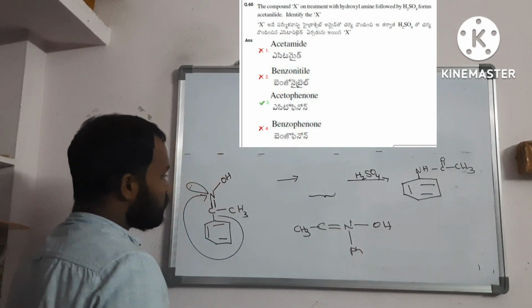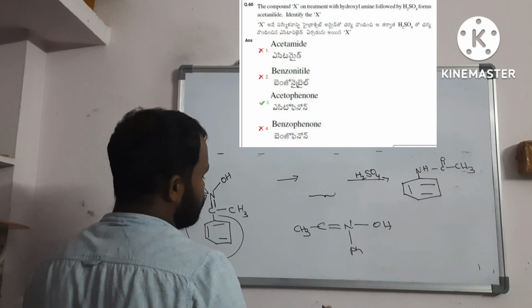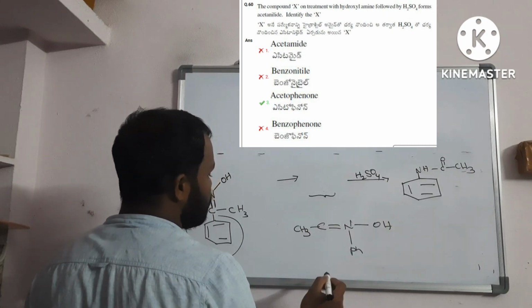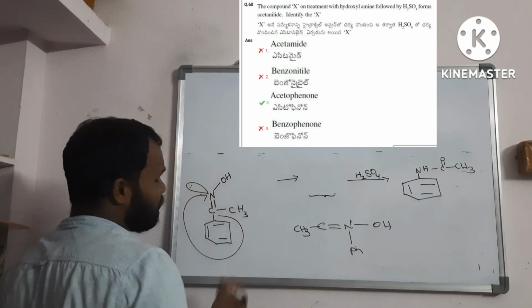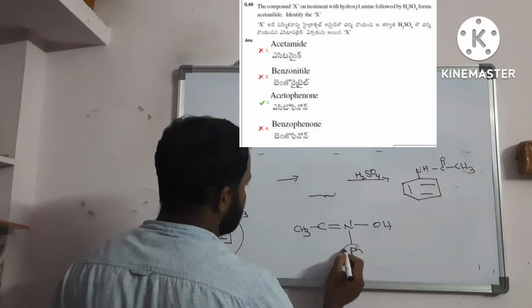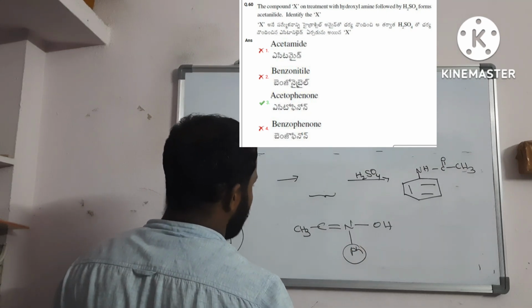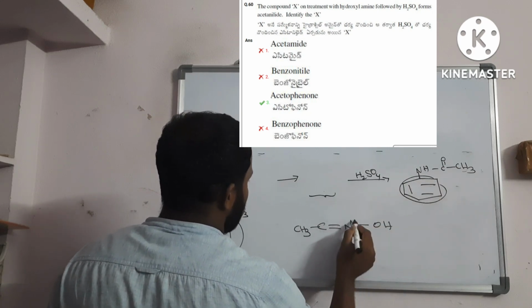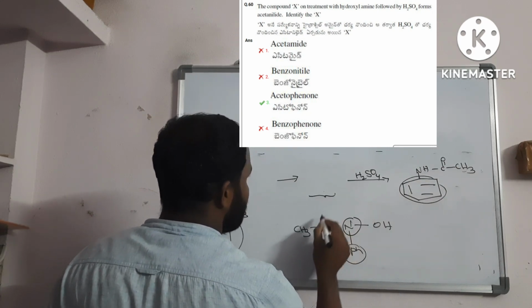So further, upon H2SO4 you will get the Beckmann concept. CH3 N double bond O CH3, right? Now if you write Ph, same as before, Ph is there, N is there.